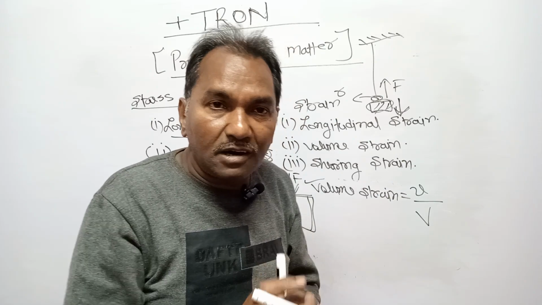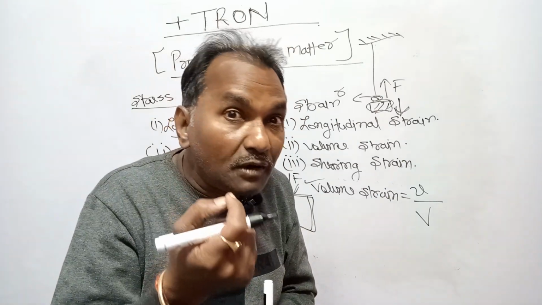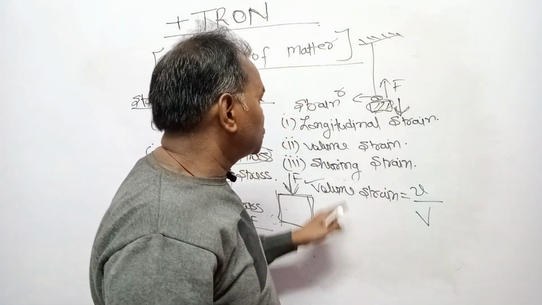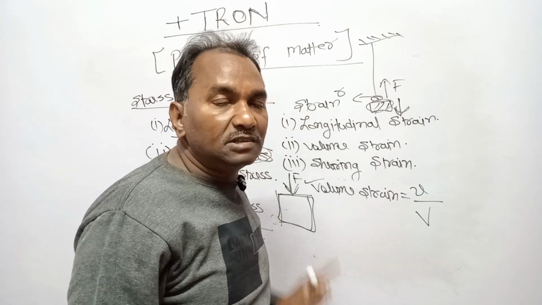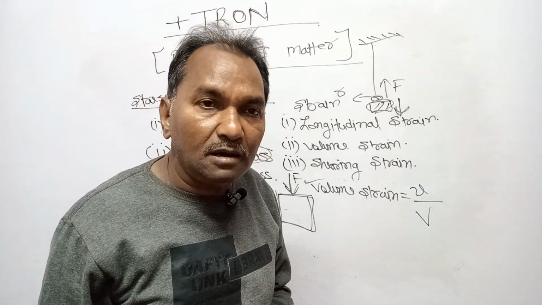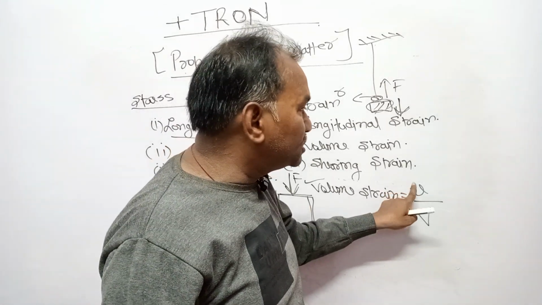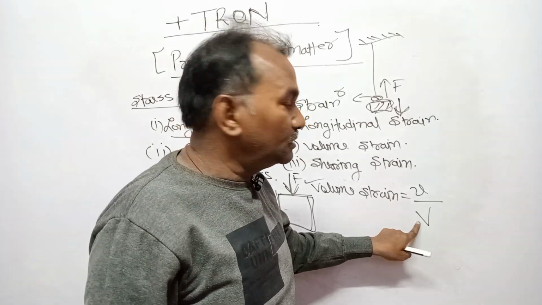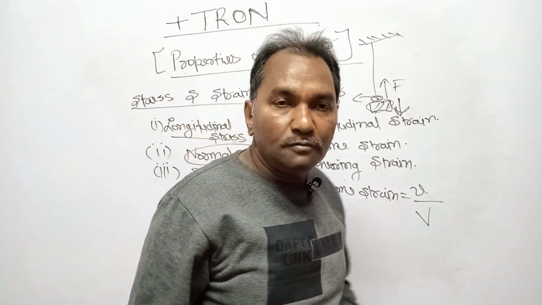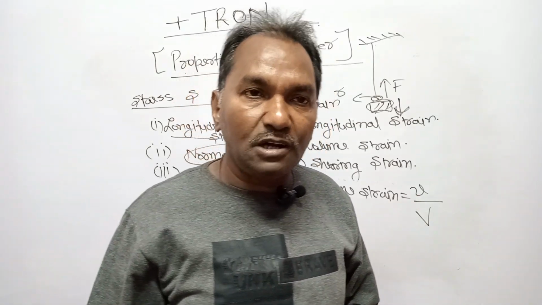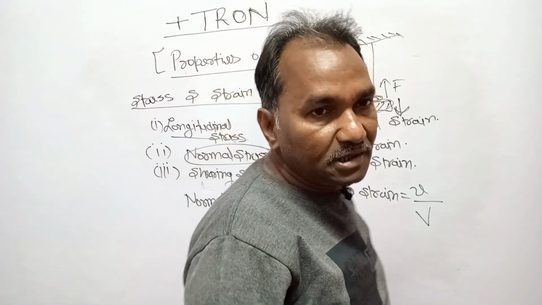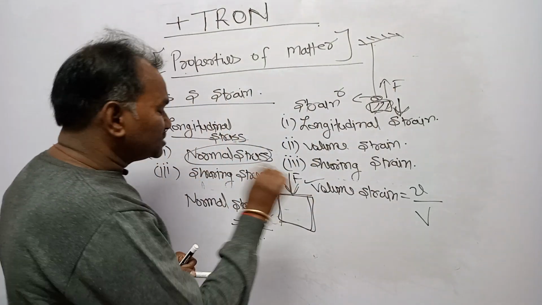If it will try to compress, it means its volume is going to be changed. So the normal stress produces the volume strain, that is change in volume divided by capital V, the original volume. Small v is representing the change in volume and capital V is representing the original volume.